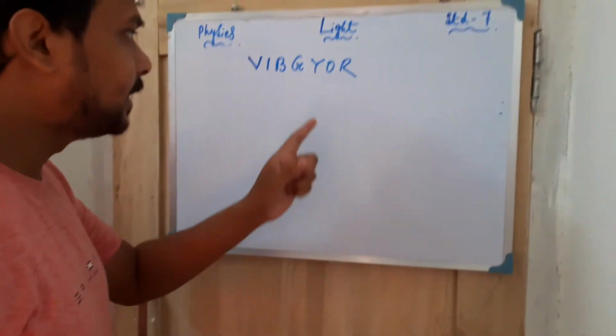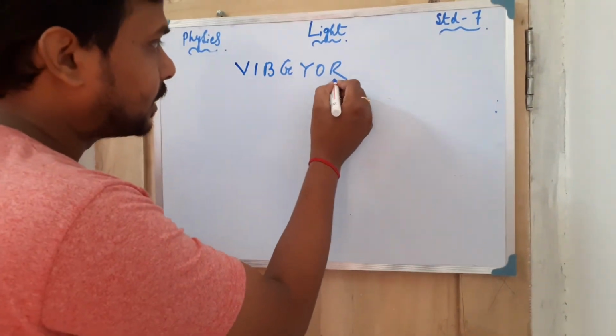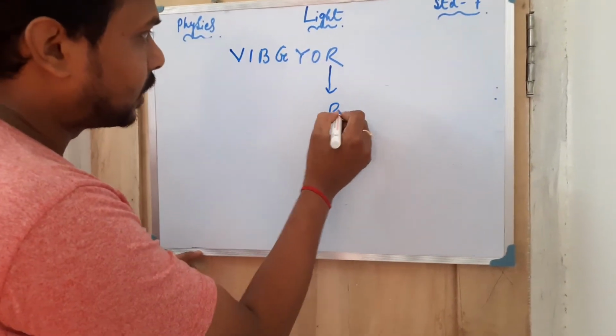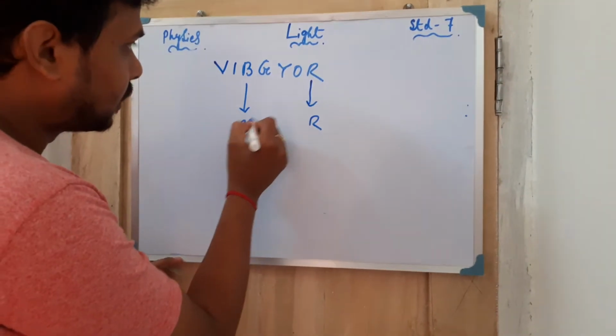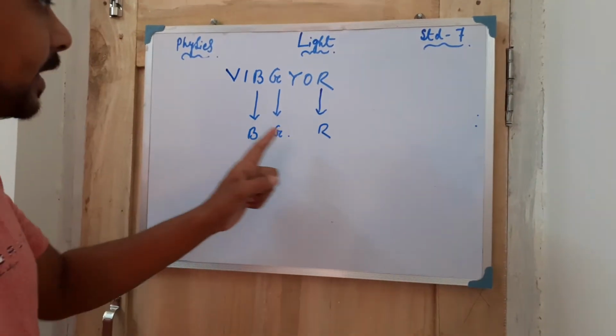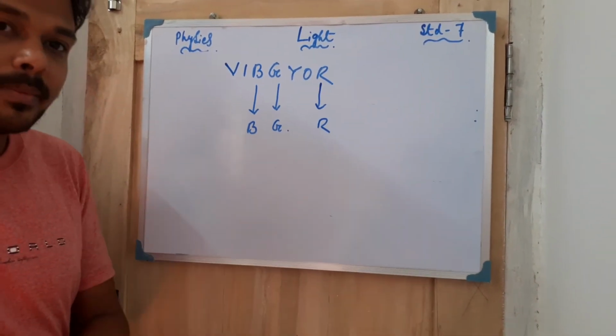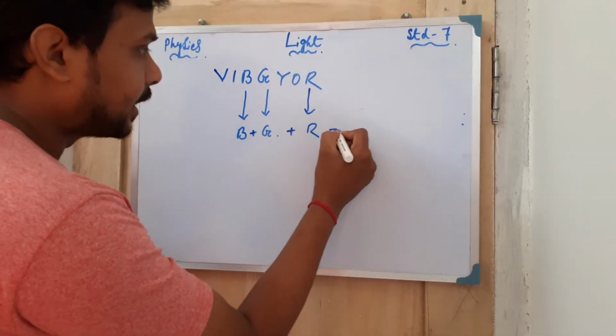You know that these types of colors are known as the primary colors. What are these colors? This one, this one, and this one. Okay, so these three colors are known as the primary colors. If you simply add these three colors, you will get white color.